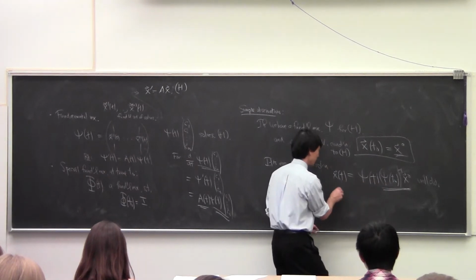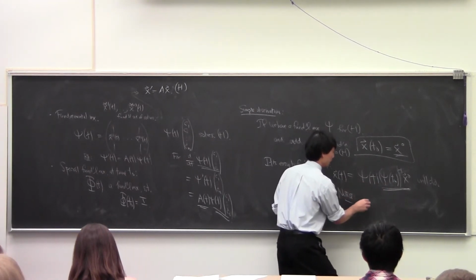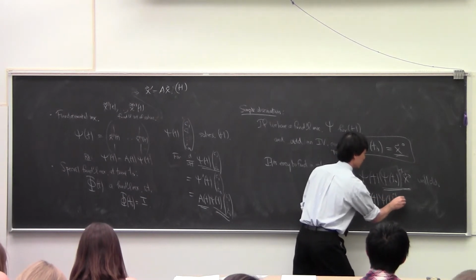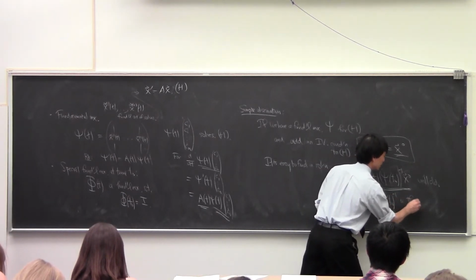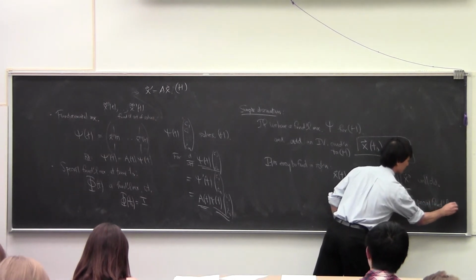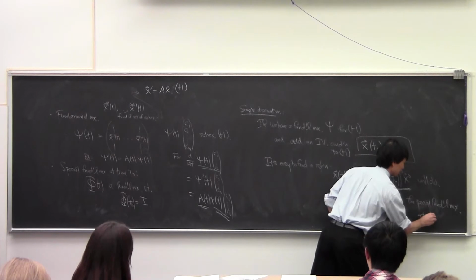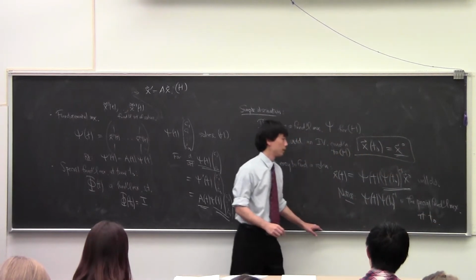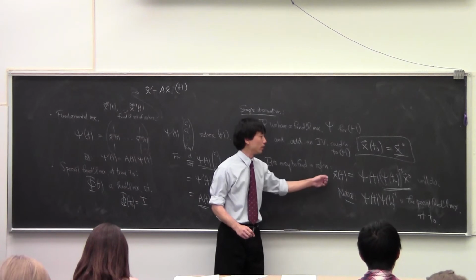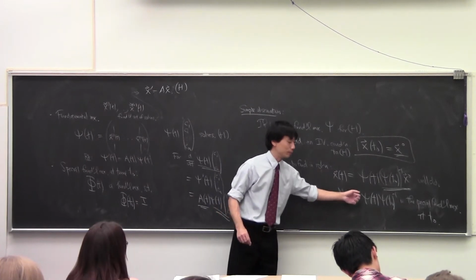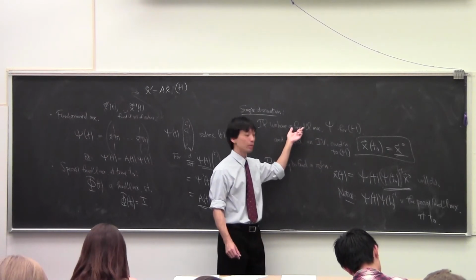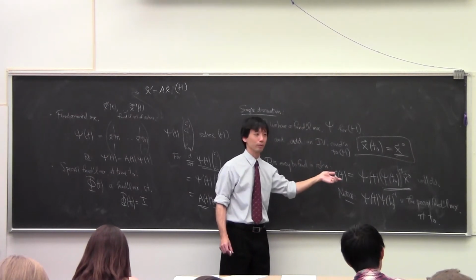Notice that this thing here is the special fundamental matrix at time t naught. So we can not only solve initial value problems, but if we have a fundamental matrix, we can get a special fundamental matrix for whatever time we like.